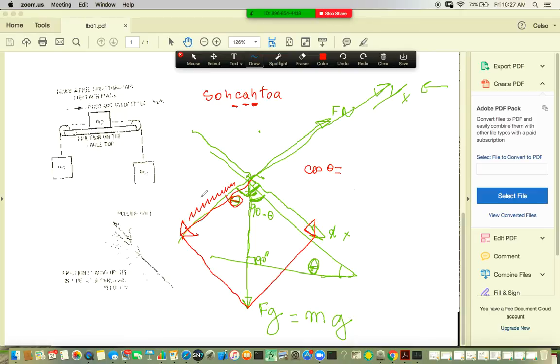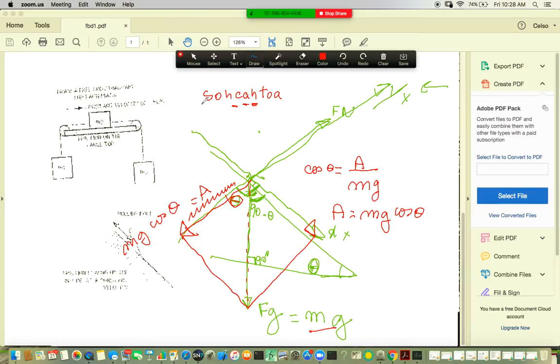Let's call this A. Cosine theta is A divided by hypotenuse, and your hypotenuse is mg. All right? So A is mg cosine theta. So this over here is mg cosine theta.